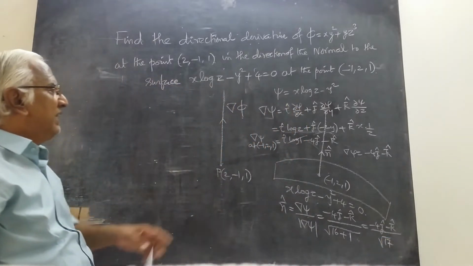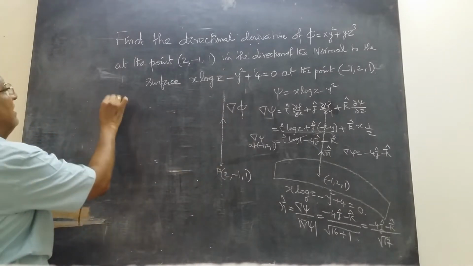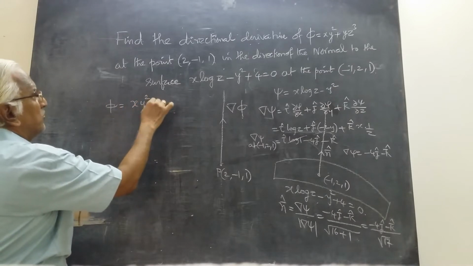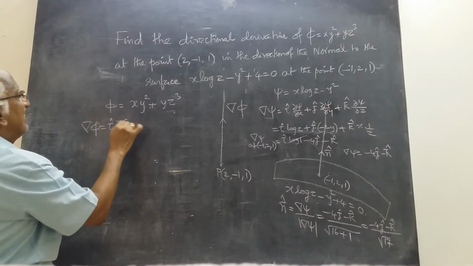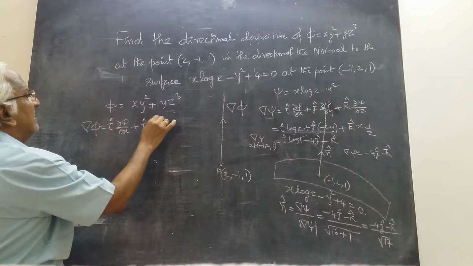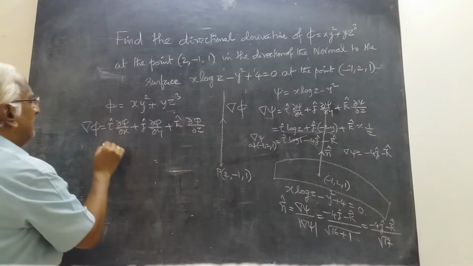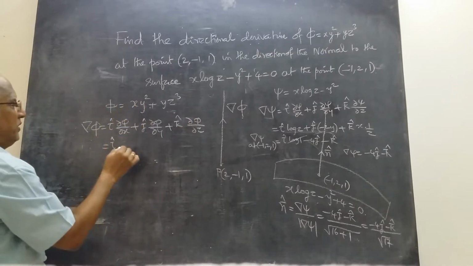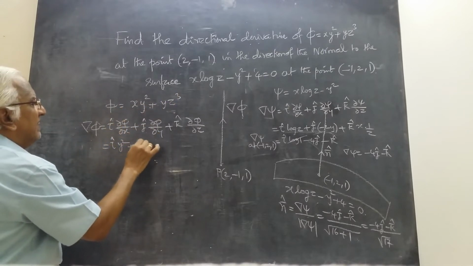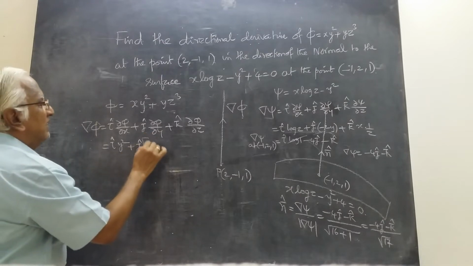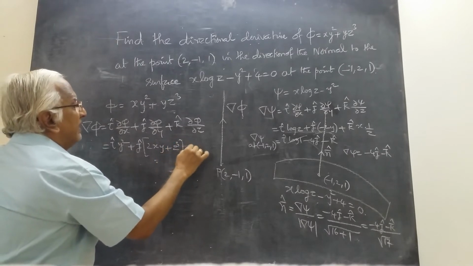Now I want del phi. Phi is x y square plus y z cube. Del phi is i phi with respect to x, j phi with respect to y, k phi with respect to z. Phi with respect to x is y square. With respect to y it is x into 2y, plus z cube.